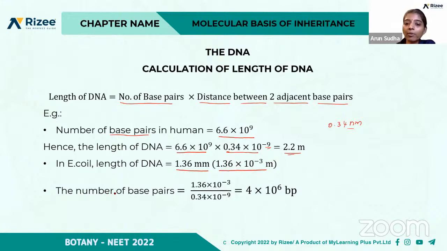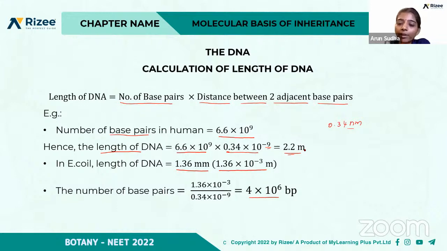So the total number of base pairs is equal to the length of the DNA divided by the distance between base pairs, which gives 4 into 10 power 6 base pairs in the case of E. coli. Here, the length of human DNA is 2.2 meters.